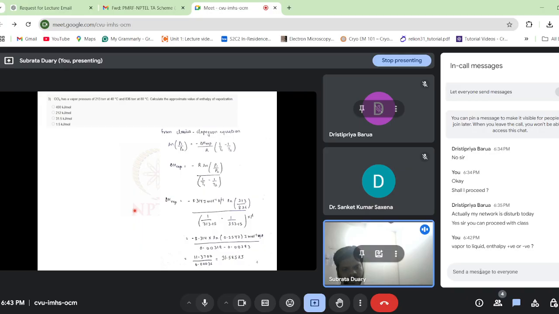Okay, so obviously this enthalpy, vapor to liquid, will be positive or negative?